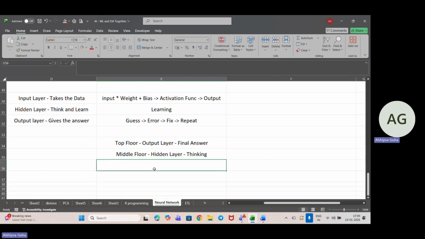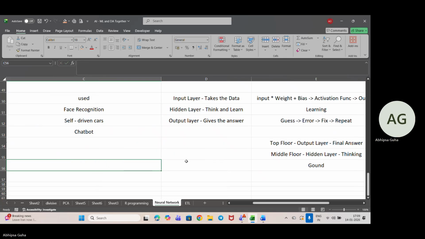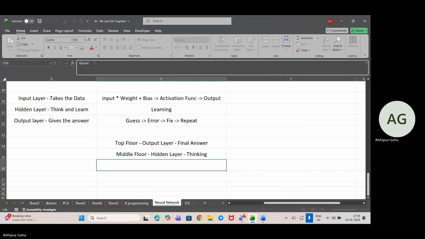Next, we have the ground floor, that is basically my input layer, that is my information taking place.